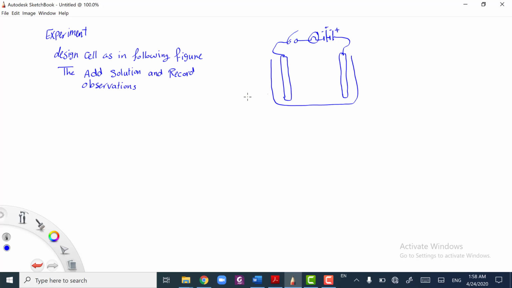What are the solutions that we add in this cell? Number 1, HCl, hydrochloric acid, and benzene. Number 2, acetic acid, CH3COOH, and benzene.